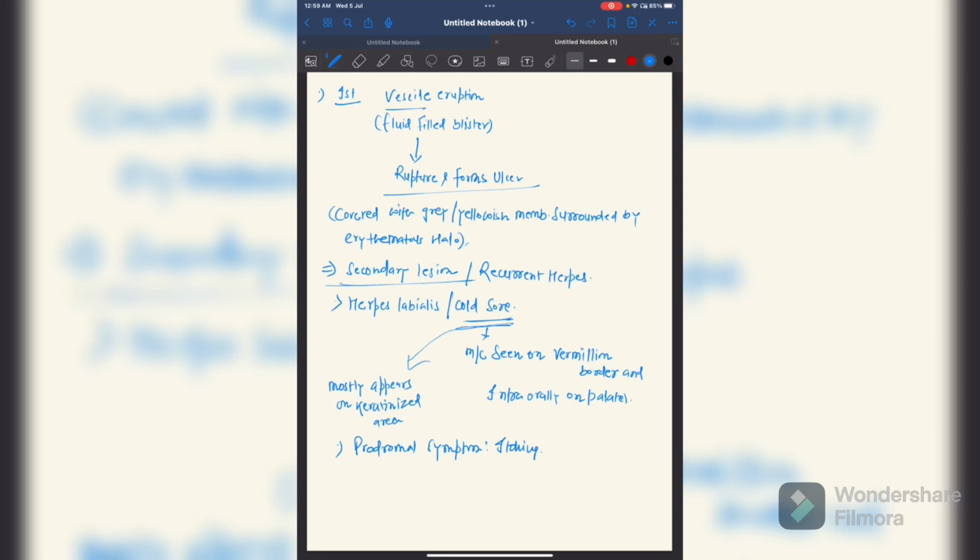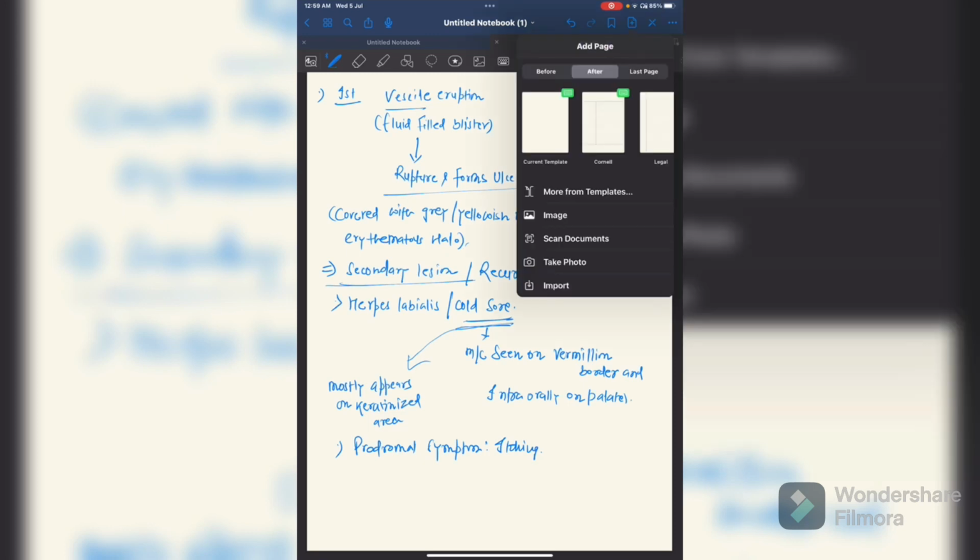Now, remember HSV1 is associated with gingivostomatitis and keratoconjunctivitis.